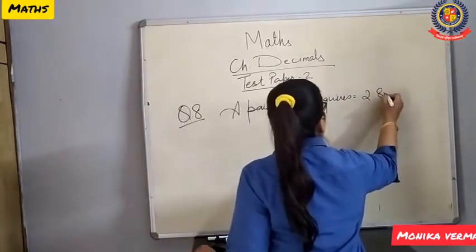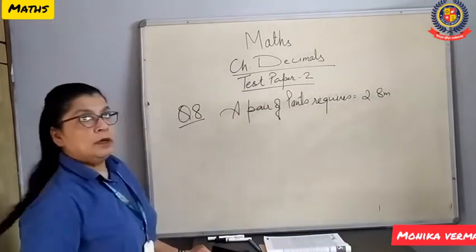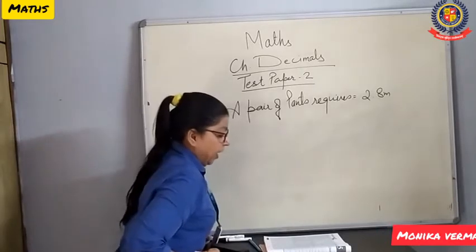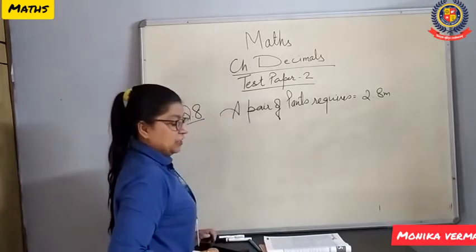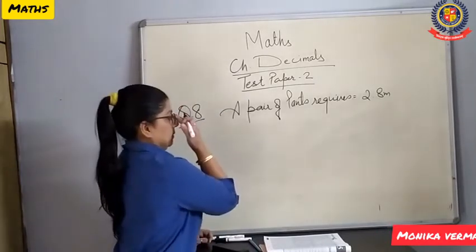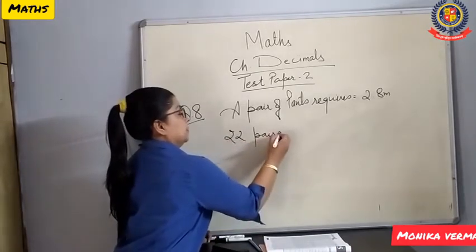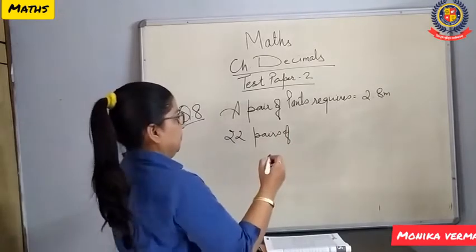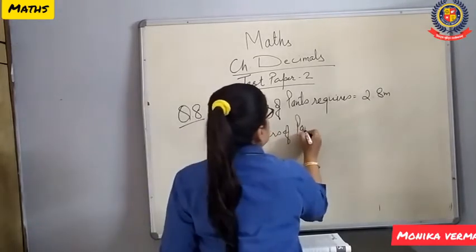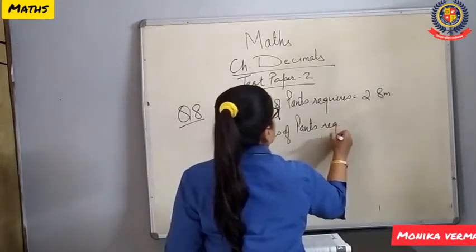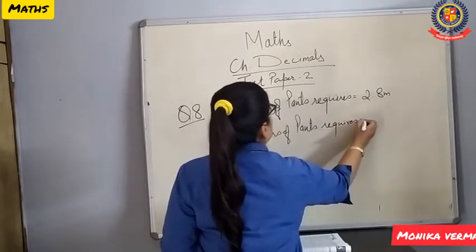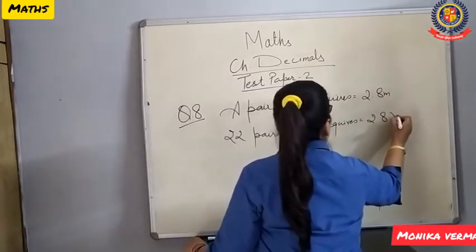Then he is asking how much cloth will be required to stitch 22 pairs of pants. So 22 pairs of pants requires 2.8 into 22.